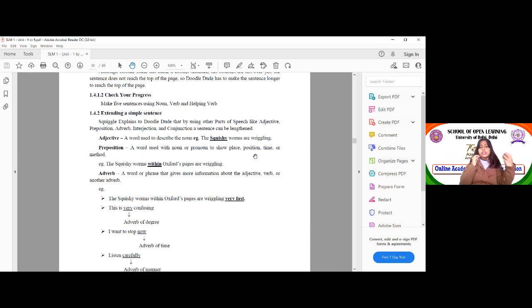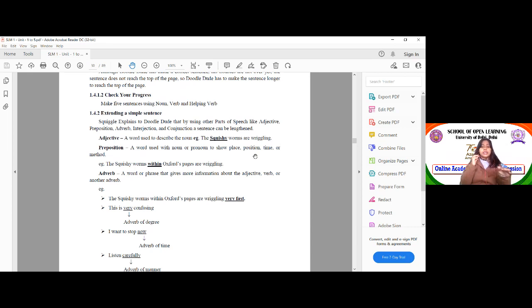A preposition is a word used with a noun or pronoun to show place, position, time, or method. So this is a better, easier example. The word is used with the noun or pronoun to show where you are, what your position is, the time, the method.